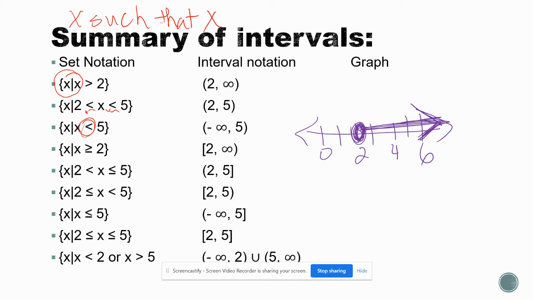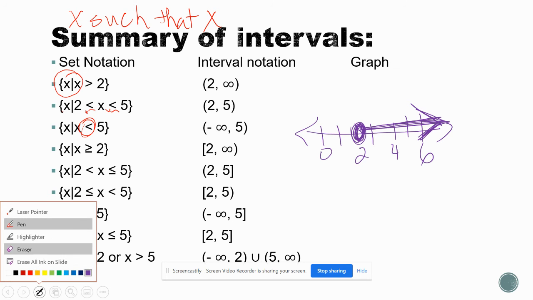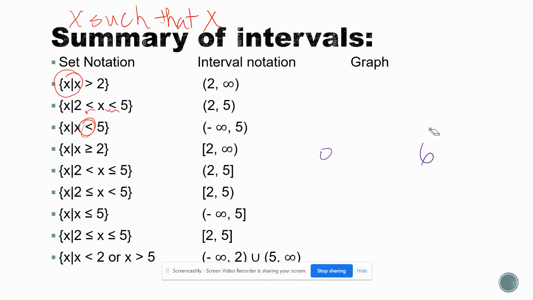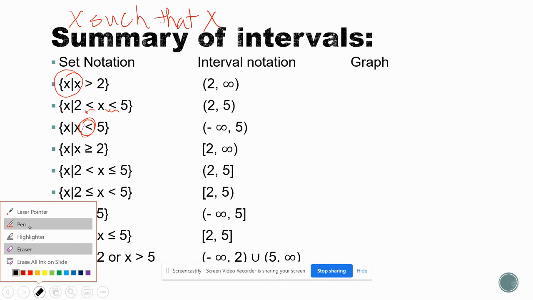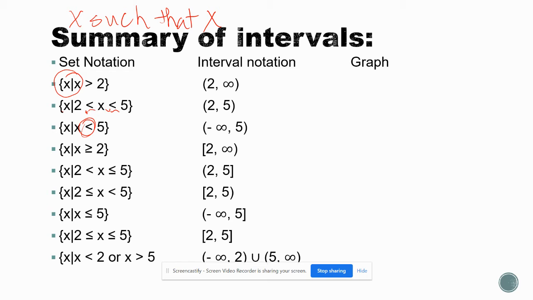x such that 2 is less than x is less than or equal to 5. So we're going to start looking at our graphs a little bit different. I just wanted to review what we used to use. So now on our graphs, whatever we have for our interval notation is what's going to go on our graph.